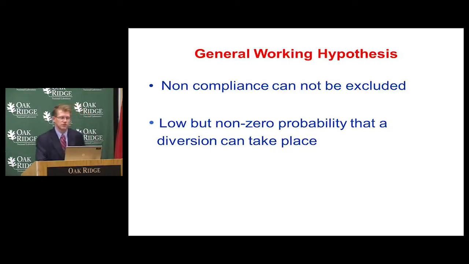And while this is an extremely low probability, it's a non-zero probability that diversion can take place. So it is a challenging situation for the IAEA with its interaction with countries in which, I accept everything you give me, I want to believe everything, but I cannot trust any of it unless I independently verify it myself.